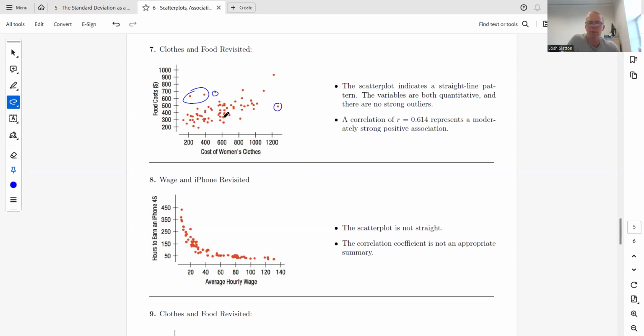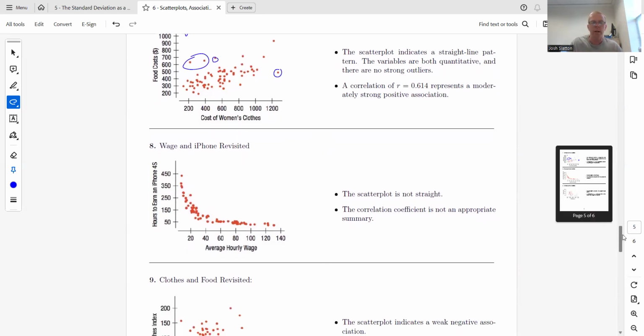They don't just completely stand out. If you had one up here, that would be a very strong outlier. So no strong outliers. A correlation of R equals 0.614 is moderately strong. We'll talk about the values of R in a minute, what's a good value, what indicates a weak value, that kind of thing.